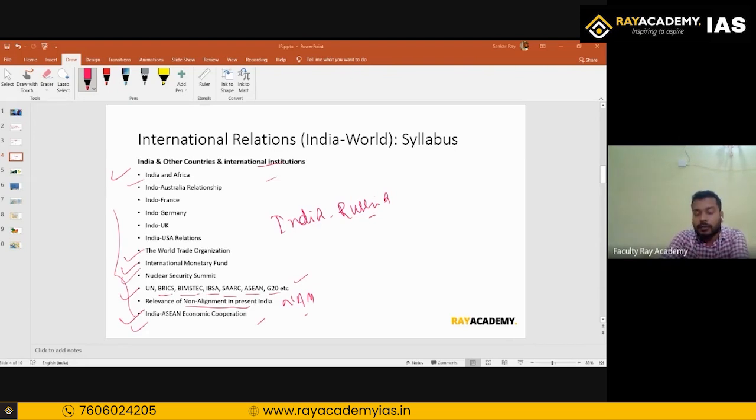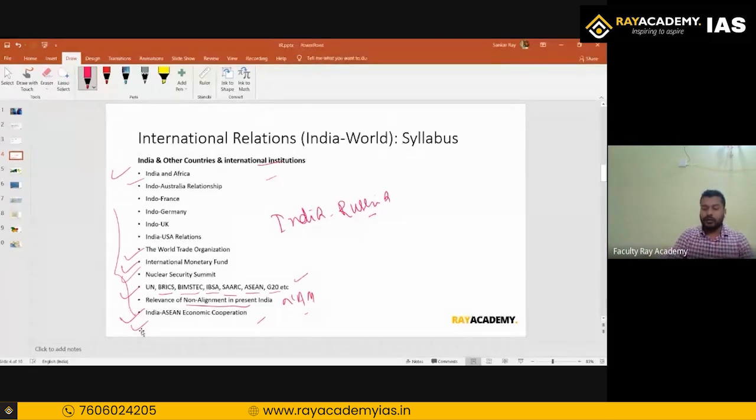You can, but it will be sufficient. So these are two sources. Apart from this, I would advise you to regularly visit one website, that is MEA. What is MEA? Ministry of External Affairs.